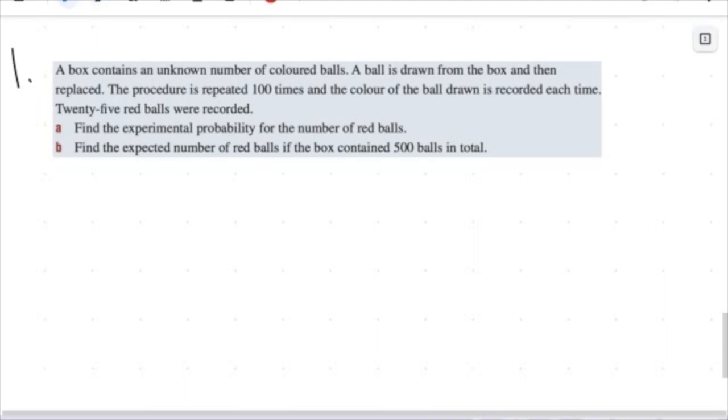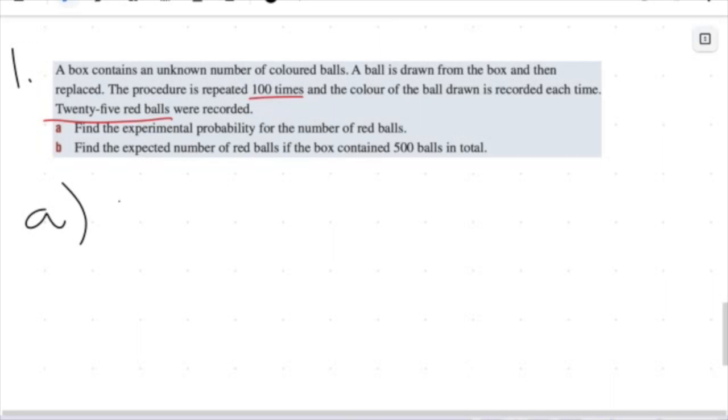So we have a box contains an unknown number of colored balls. A ball is drawn from the box and then replaced. So we take it out, put it back in with the remaining balls. So the procedure is repeated 100 times, and the color of the ball drawn is recorded each time. 25 red balls were recorded. Now in part A, we want to find the experimental probability for the number of red balls.